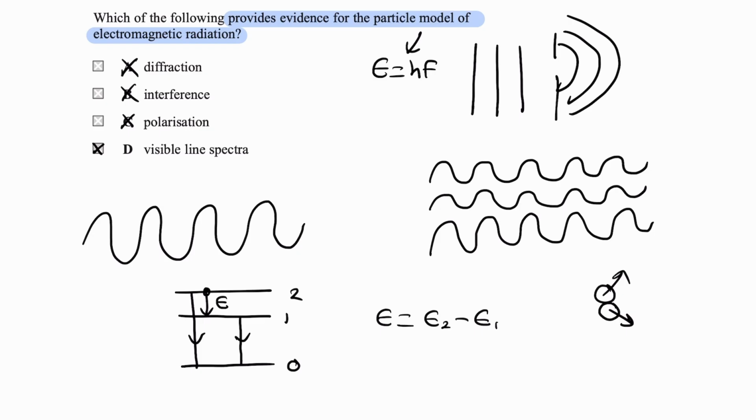Part of that model involves light traveling as photons, with the energy of those photons being hf. So if we know that de-excitations from this particular type of atom give 3 photon energies, then if the particle model is true, we will see 3 frequencies, which we do. 3 discrete frequencies, and therefore visible line spectra is evidence for the particle model.